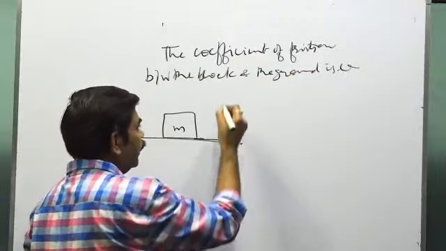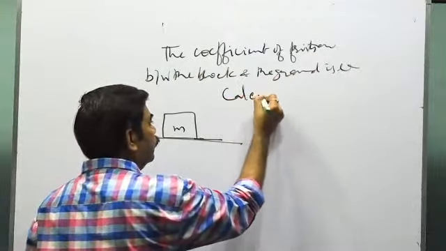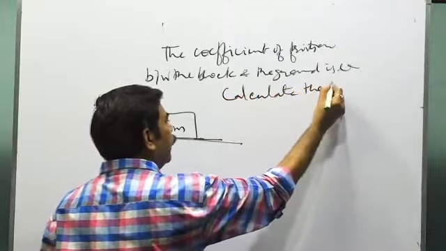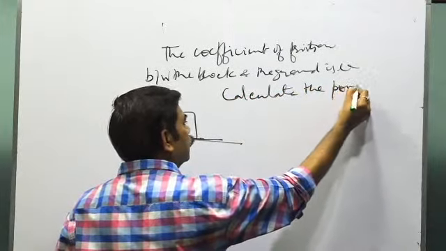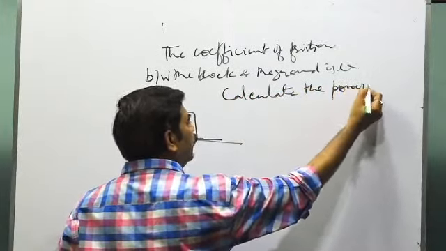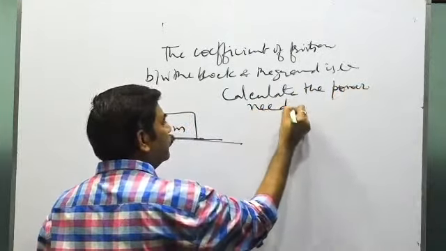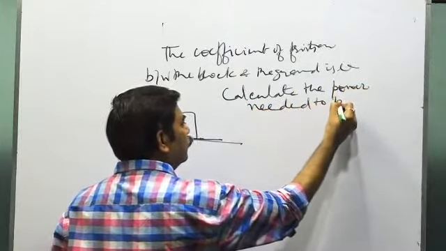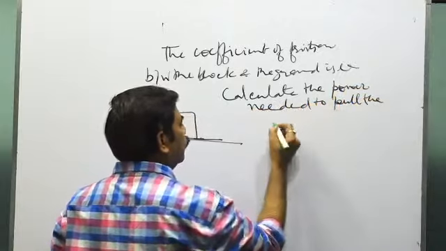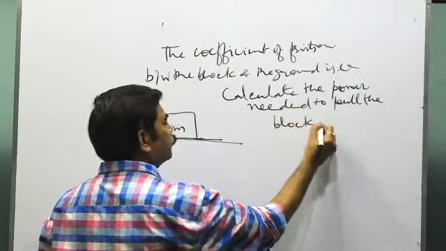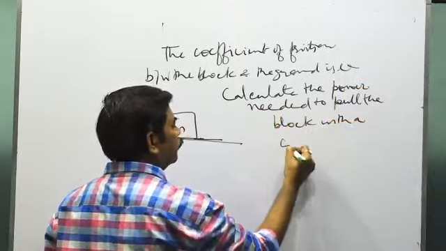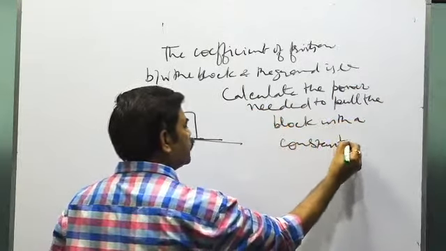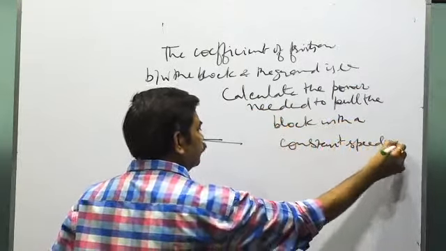And the question is: calculate the power needed to pull the block with a constant speed v.